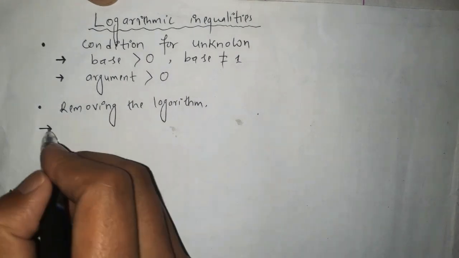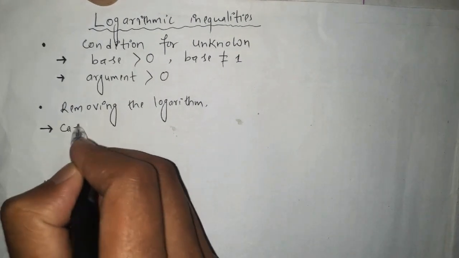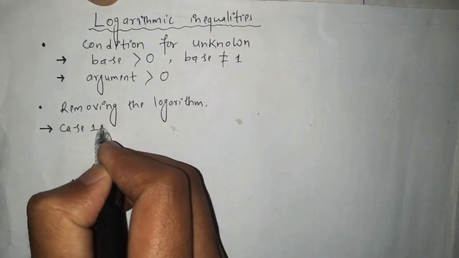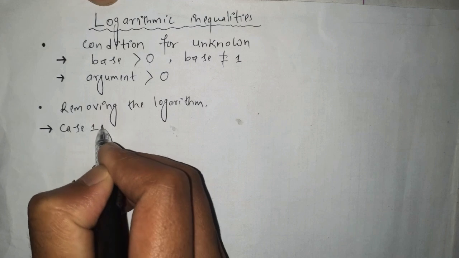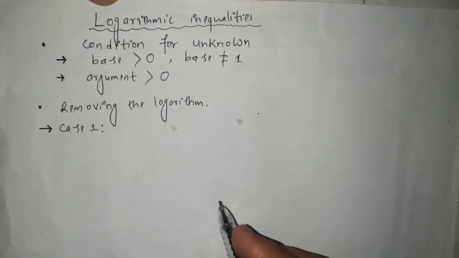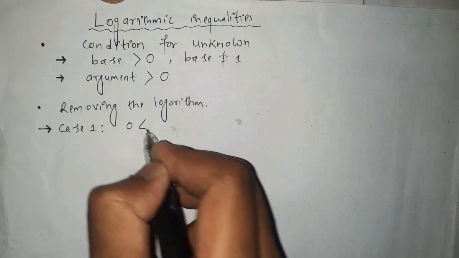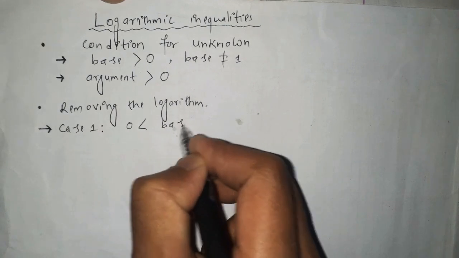The rules are, this is the first case, case number 1, and the cases are made according to the conditions of the base. If the base lies between 0 and 1, this is the first case.